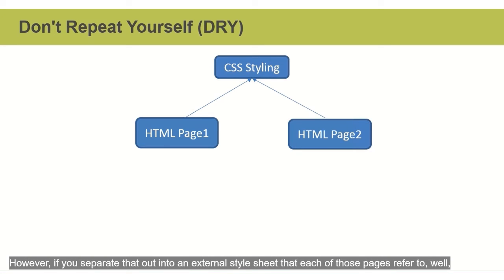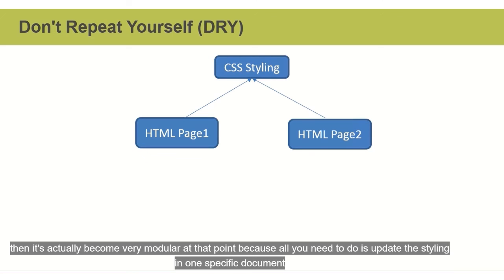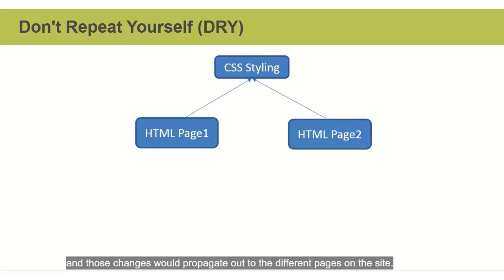However, if you separate that out into an external style sheet that each of those pages refer to, then it's become very modular, because all you need to do is update the styling in one specific document, and those changes would propagate out to the different pages on the site.